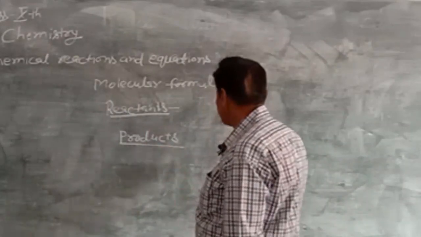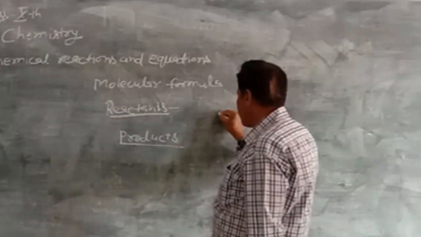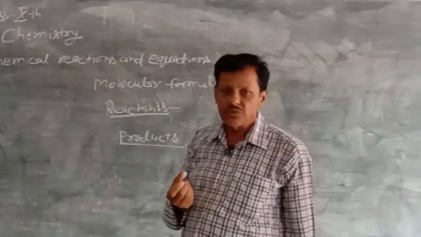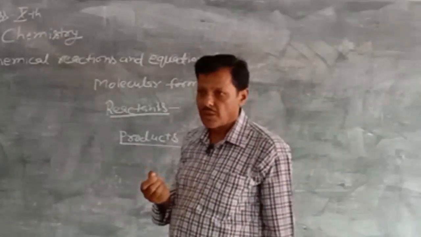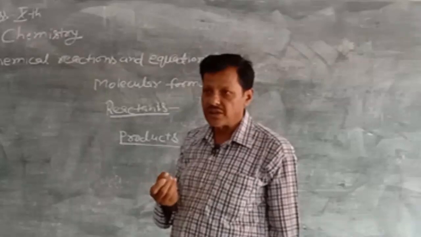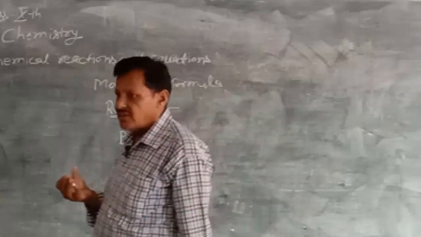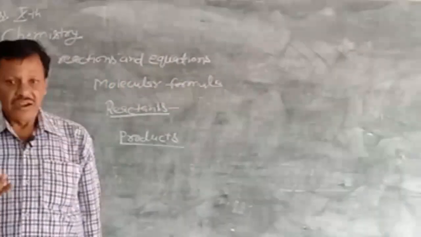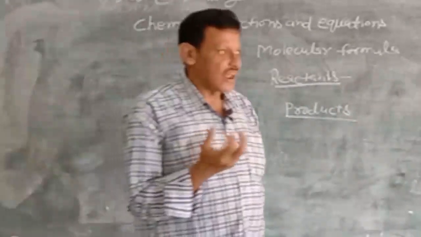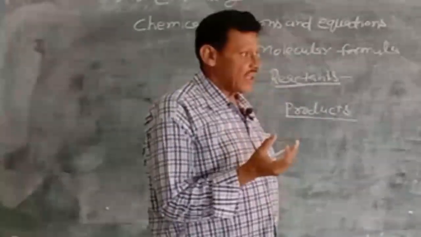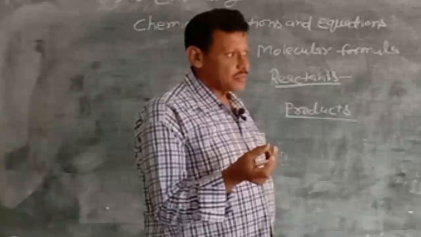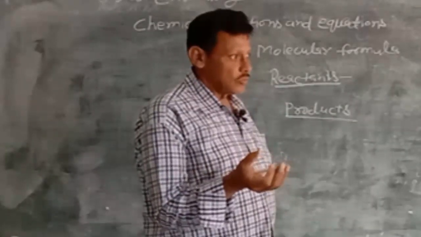For example, we burn magnesium ribbon in air. When magnesium is burnt in air, we see a dazzling white light, and a whitish powder is formed.